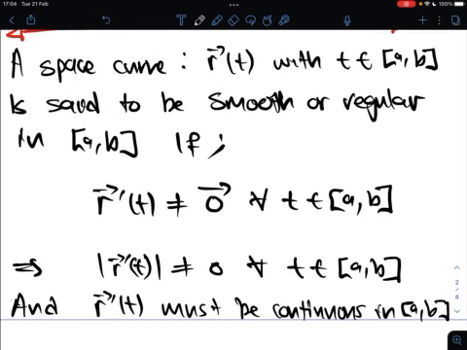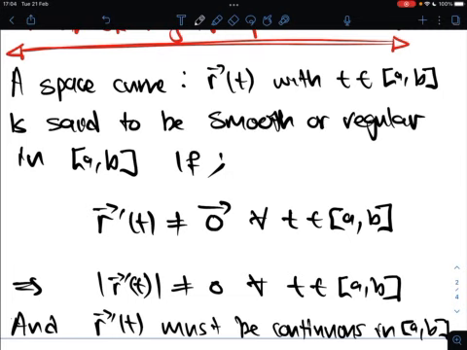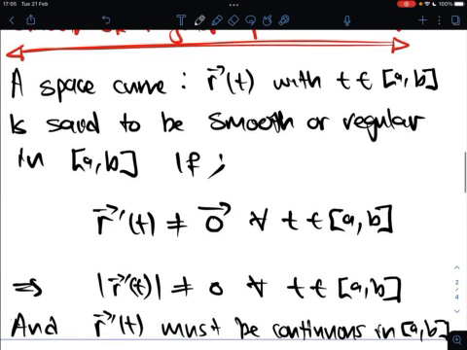So also in the given interval, the function r prime of t again must be a continuous function in that specified interval. So that's also what we need. Yes, we do not need the derivative to come to 0, but the other thing is it must be continuous for each and every point that lies within that given interval. So that's what needs to be satisfied for a space curve to be characterized as being smooth or a regular space curve.